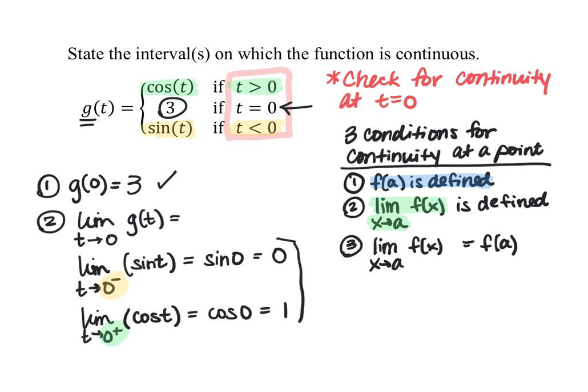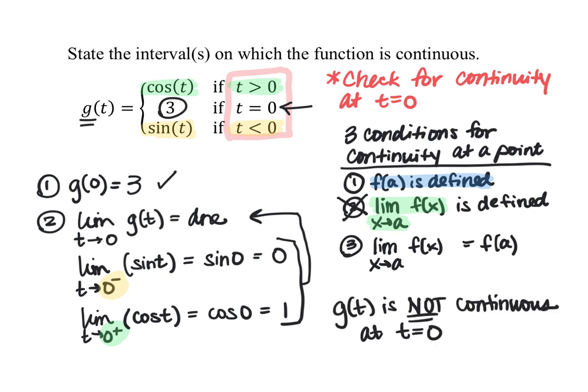Now, because the left-hand and right-hand limits are different, that tells us that the limit as t approaches 0 doesn't exist. And that means that the second condition for continuity at a point is failing. This function is not continuous at t equals 0 because the limit as t approaches 0 of the function does not exist.